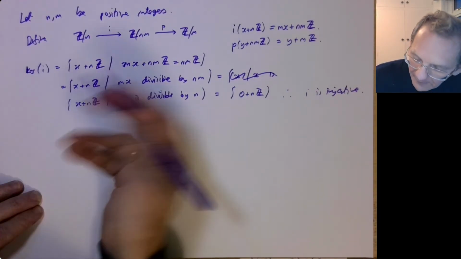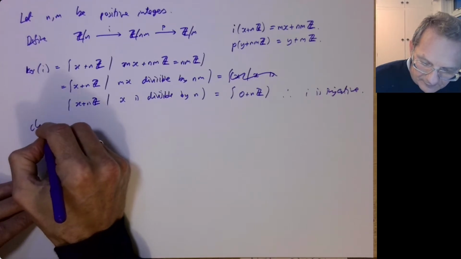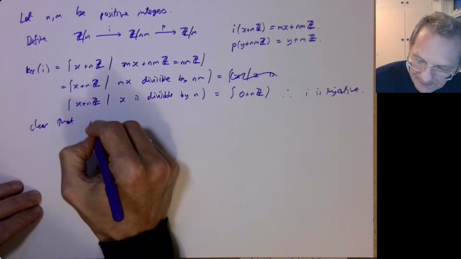And it's more or less clear that p is surjective.